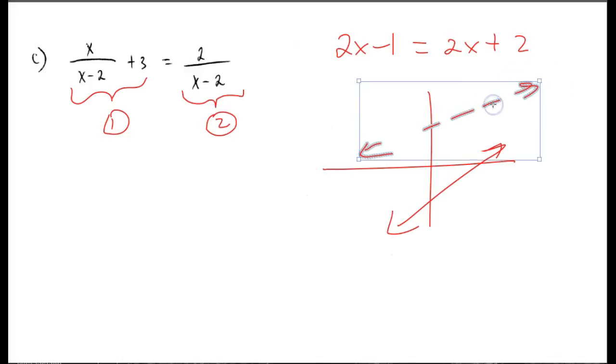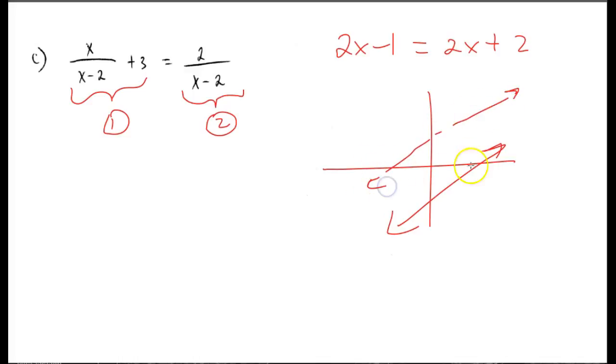Let me redraw that because that wasn't correct. So it looks more like this, where both of these lines have the same slope. They're parallel to one another. And so these two lines will never cross, so there's no solution.